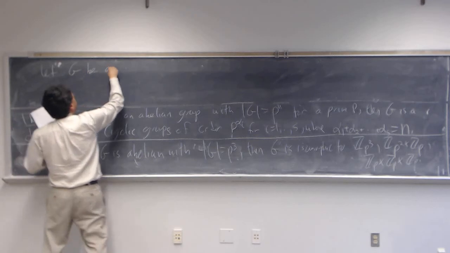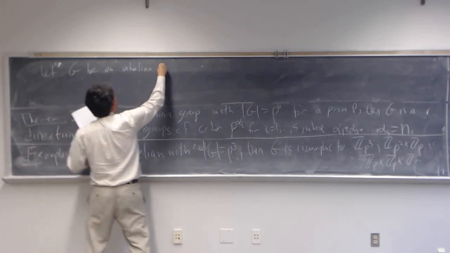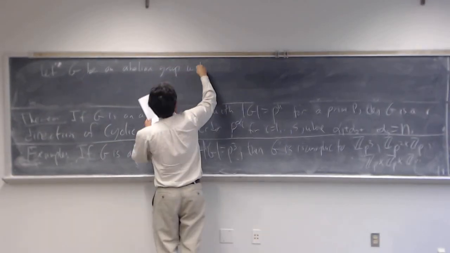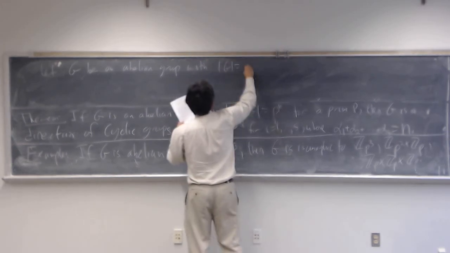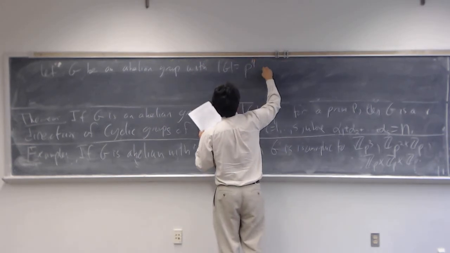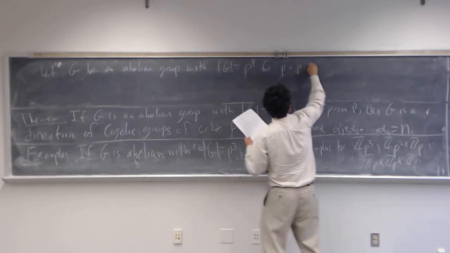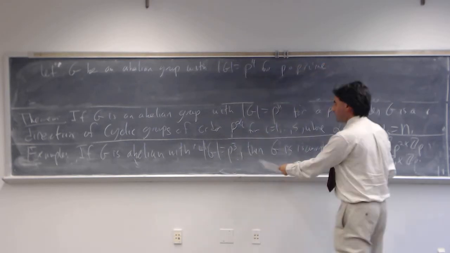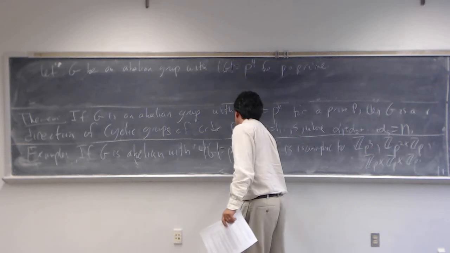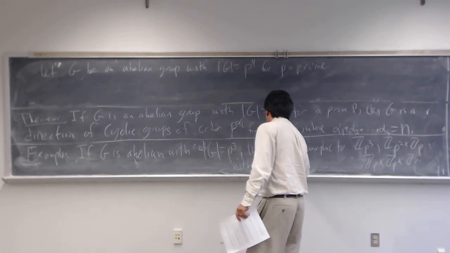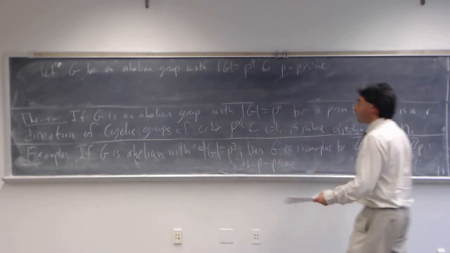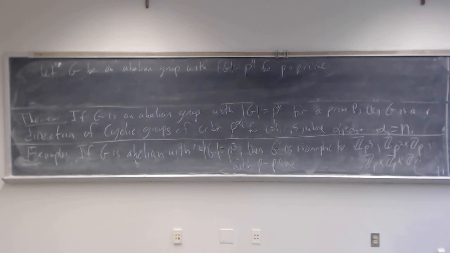So let G be an abelian group with the order of G equal to p to the 4th, for p prime. I did not state that here in this example. That is only true if p is a prime, because that guarantees the GCD of these is not going to be 1.